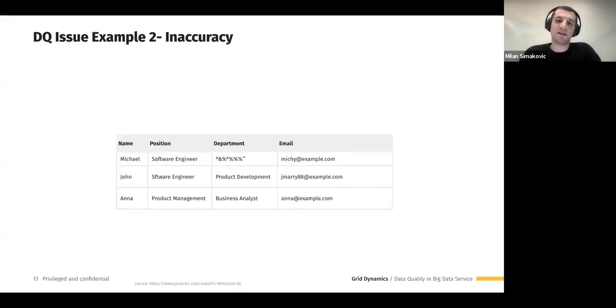The second data quality issue is related to data inaccuracy. On this table, you can see that for the first row, the department is some junk value. On the second row, there is a typo. And on the third row, the second and third columns are switched.